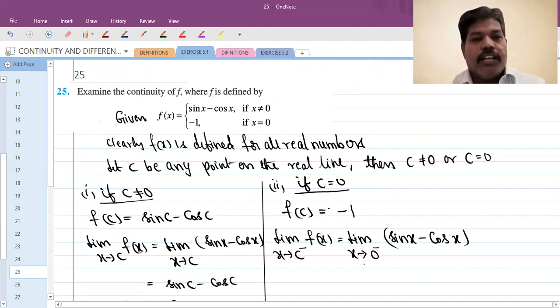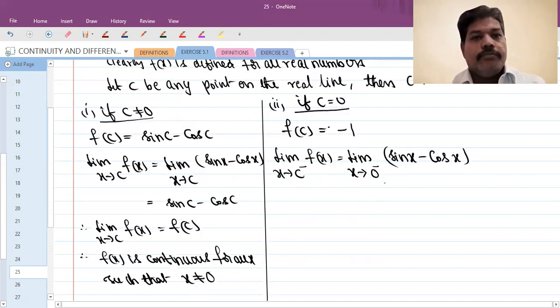So if you apply the limit, what happens? That is equal to sin 0 minus cos 0. So sin 0 is 0, minus cos 0, which is 1. So this value will become minus 1.